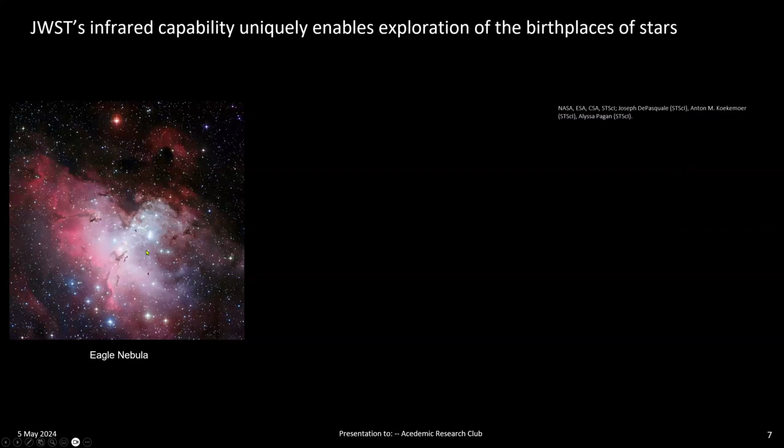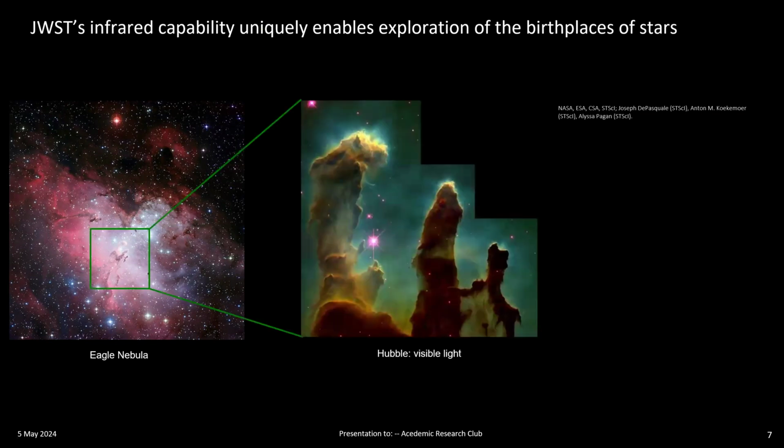Young stars have been born here and are producing a lot of ultraviolet radiation, which is impinging upon this molecular cloud. This cloud consists of molecular hydrogen. And when the ultraviolet light impinges on this molecular hydrogen, it causes it to glow and produce this visible nebulosity, as we call it. Early in the Hubble Space Telescope's mission, it took a very famous picture of part of this Eagle Nebula called Pillars of Creation.